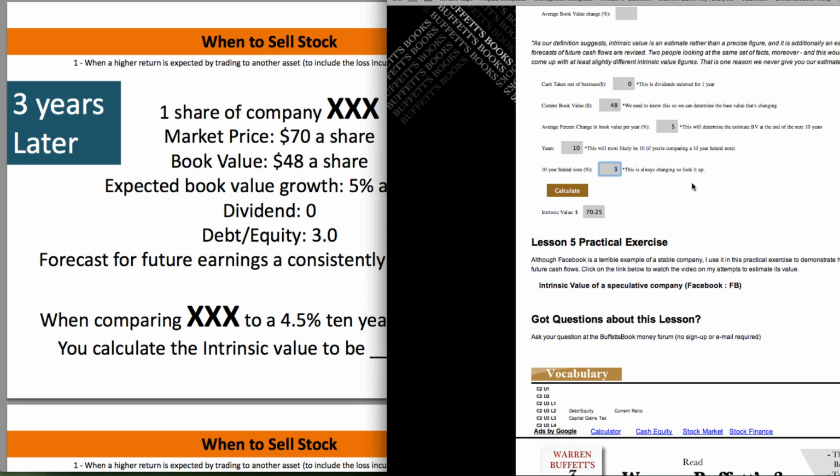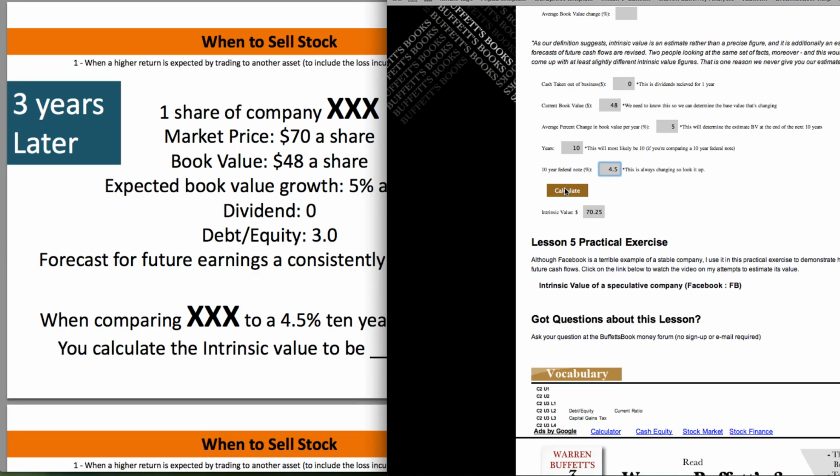Now, before the 10-year federal note was at 3%, but now it's at 4.5%. So that's going to change the value of our company. So we put 4.5%. And just remember that the 10-year federal note is nothing more than a ruler. That's a measuring stick for a zero risk investment that you could put your money into. And that's why you're comparing it to that 10-year federal note.